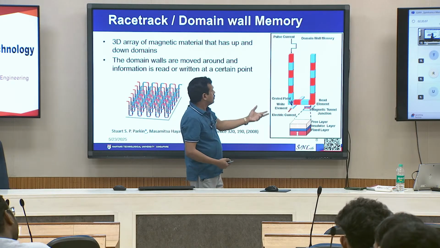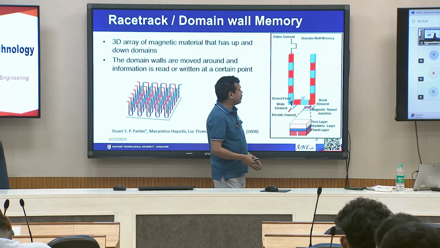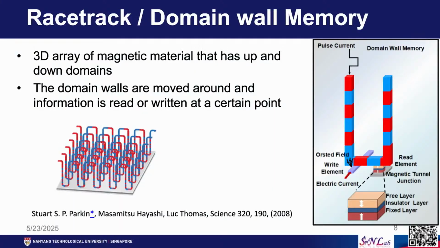You can write information using a magnetic field or the concepts that we learned, like STT or SOT, and you can use a magnetic tunnel junction to read the bits. Because of the 3-dimensional structure, this kind of device can store large amounts of information. That is basically the concept proposed roughly 20 years ago.